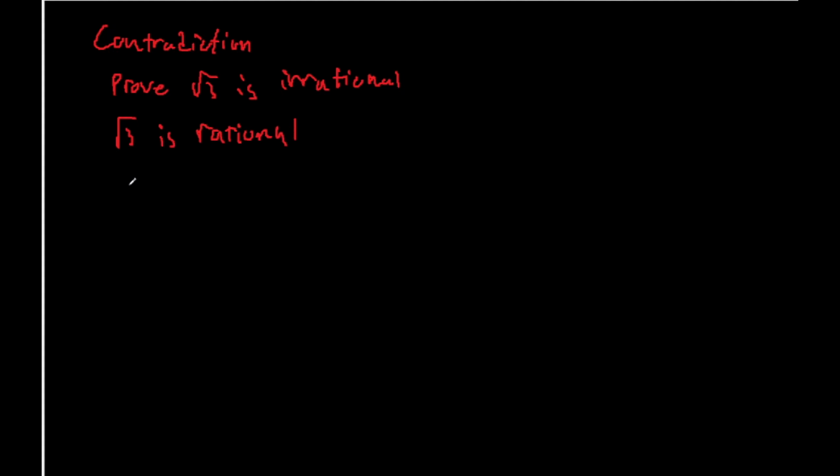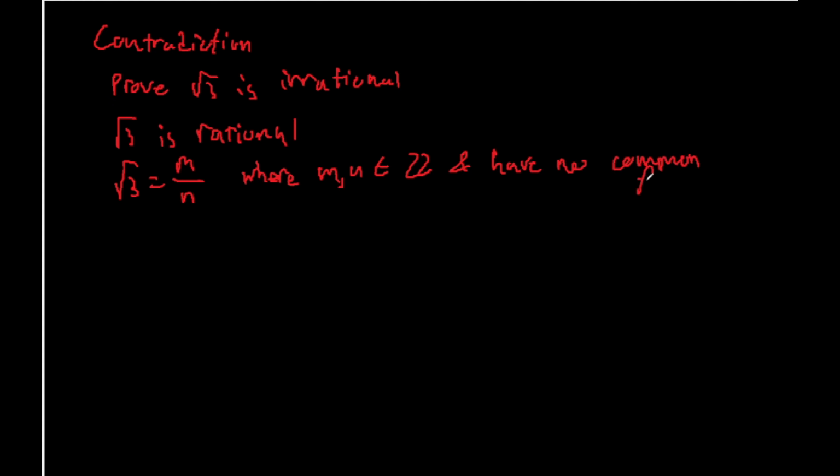And how we start this is, since square root 3 is rational, we can say that square root 3 is equal to m over n, where m and n belong to some integer and have no common factors. And they have no common factors because that's what a rational fraction is.